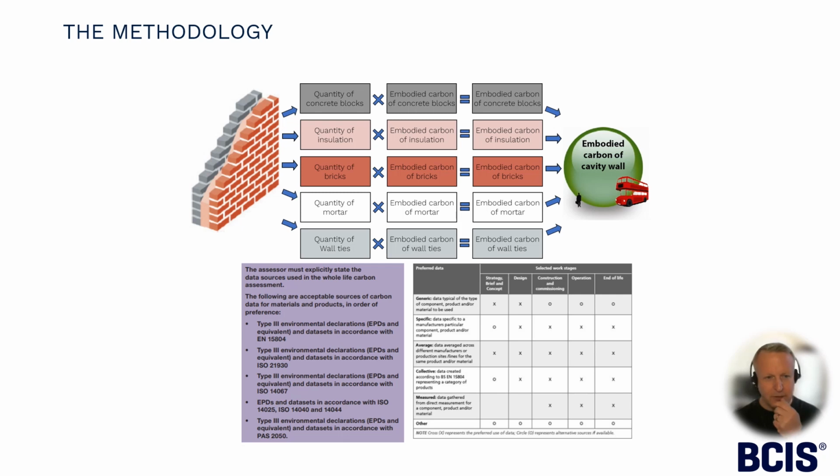So you may have numbers of concrete blocks, for example, but the emissions data that you have is reporting something different in terms of a unit of measure, i.e. pack of 500 blocks or whatever it may be, or a meter squared of blocks. So you've got to keep your eye open if you're using emissions data to make sure that the unit of measure is exactly the same as what you're using in terms of quantity.